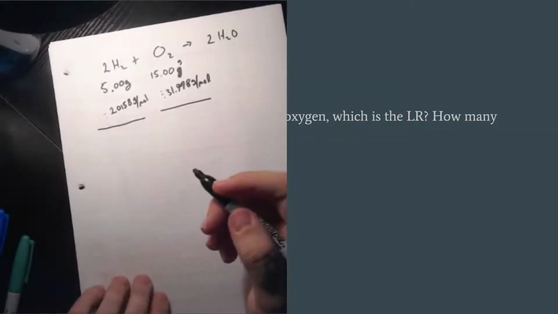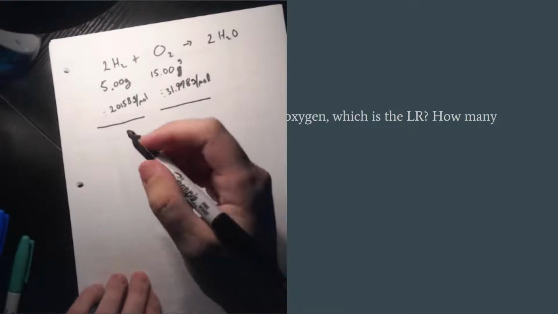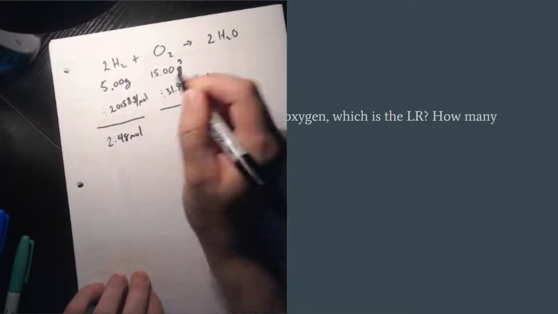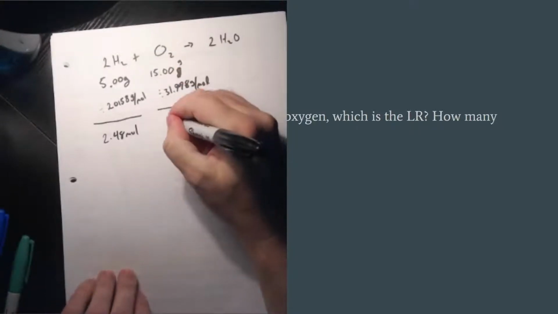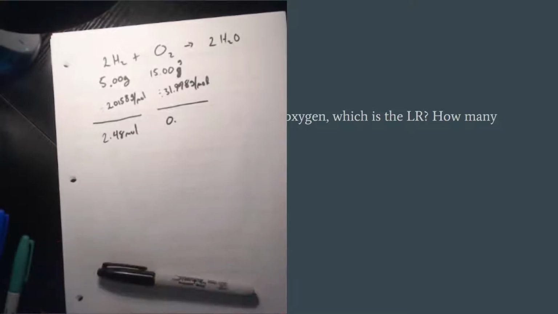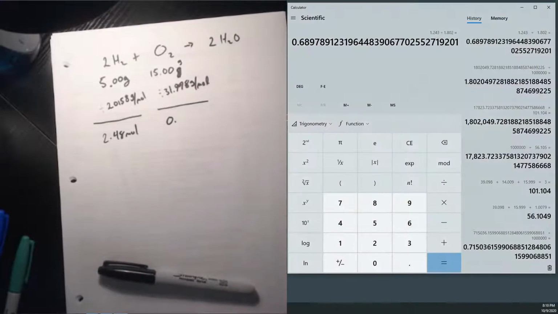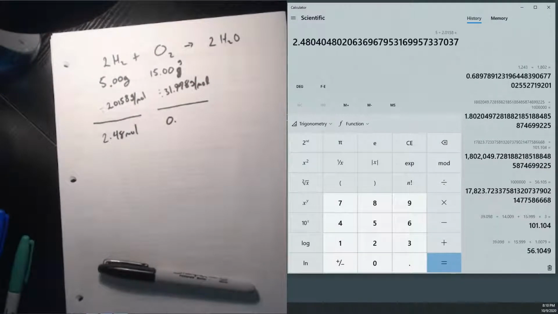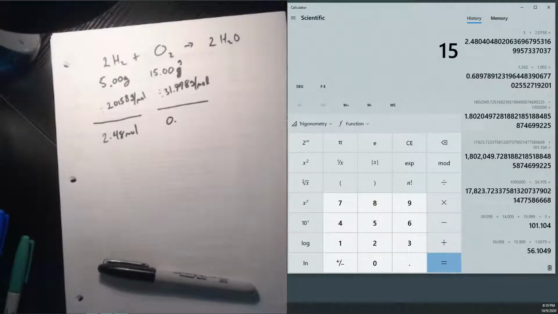So when you do that, you're going to end up with, I believe this is 2.48 moles. And this is going to be a little bit less than 5. All right, let me bring up the calculator. First up, 5 divided by 2.0158. Yep, 2.48. And then 15 divided by 31.998.